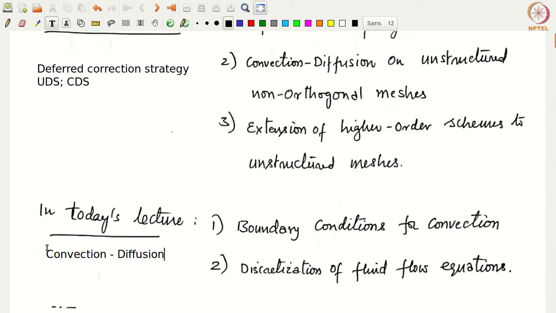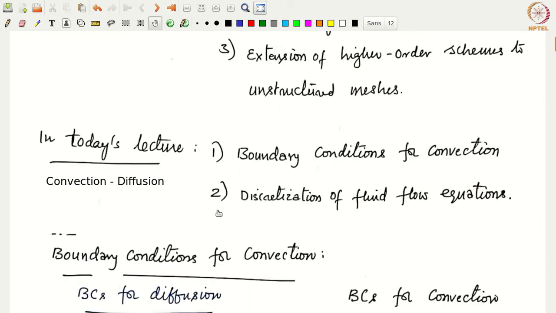Then the next chapter is on the linear solvers, but most of the linear solvers part we have already discussed, so we will skip that for now and move on to the final chapter, that is the discretization or the solution of fluid flow equations. Once we finish the fluid flow equations, we'll come back to the linear solvers chapter and finish whatever is remaining there. All right, so let's move on with the boundary conditions for convection.